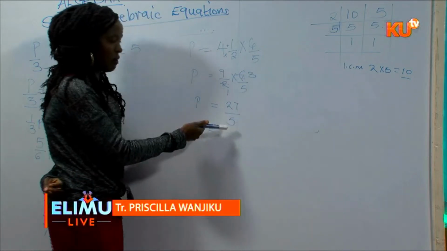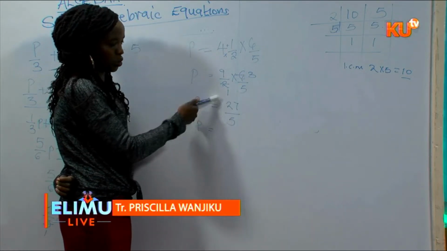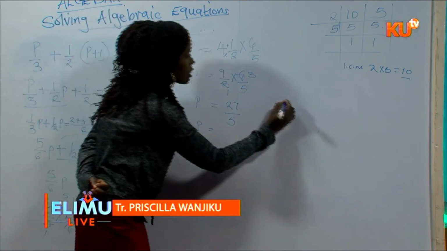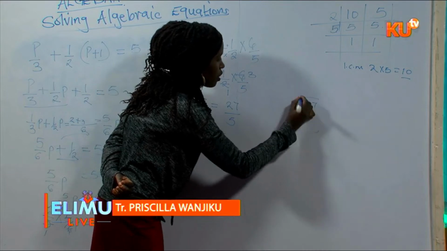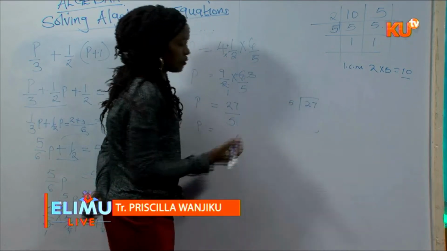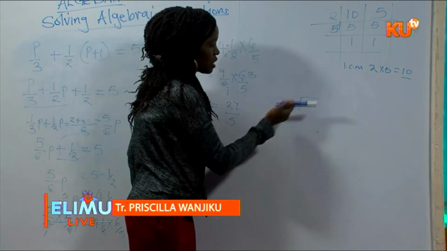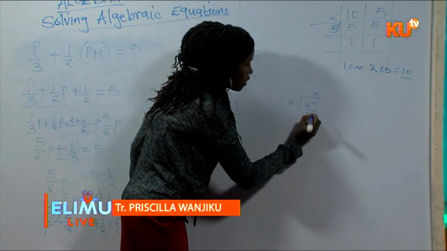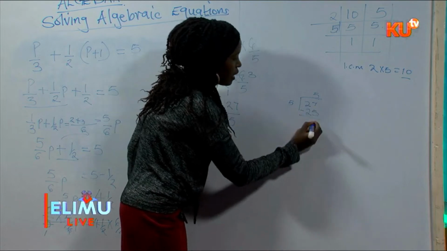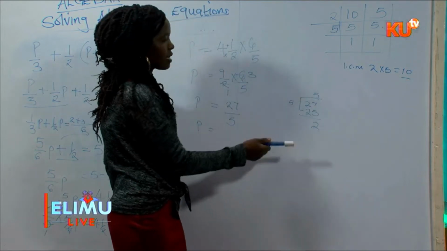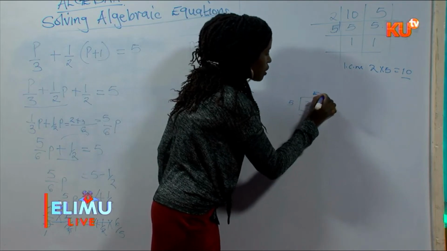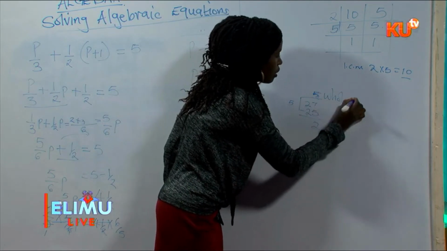So we can't leave our answer as an improper fraction. We have to change into a mixed fraction. So we'll take 27, we divide by 5. 5 will go into 27 5 times because of 25. I subtract, I get 2. So when we get this, then this number here becomes our whole number.